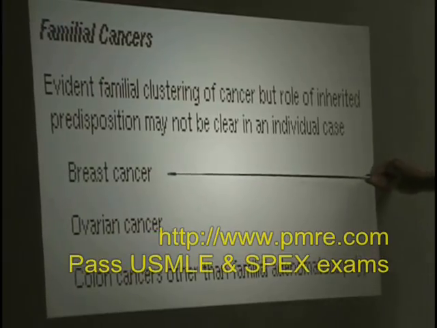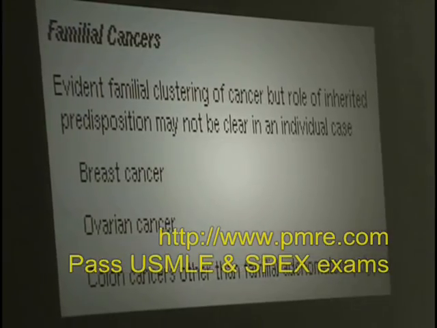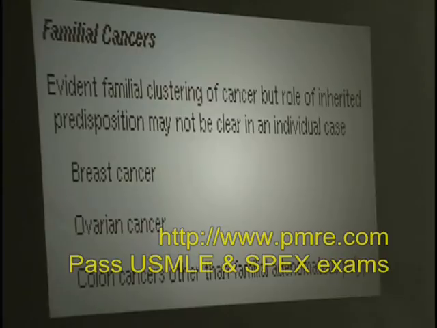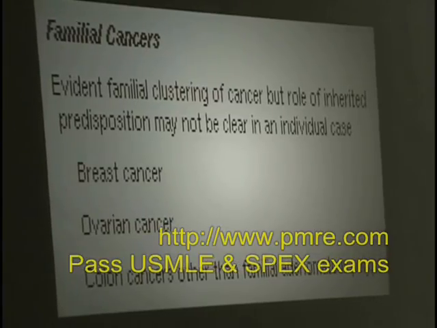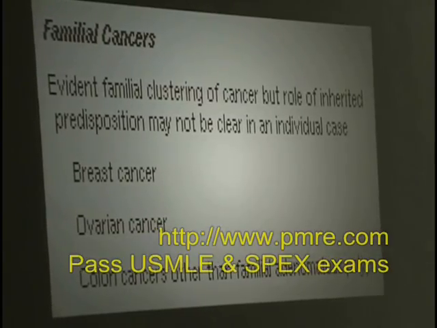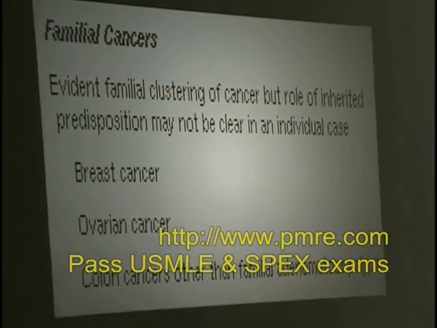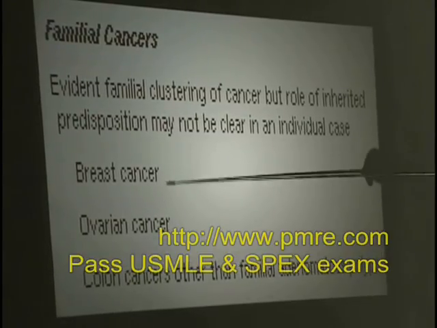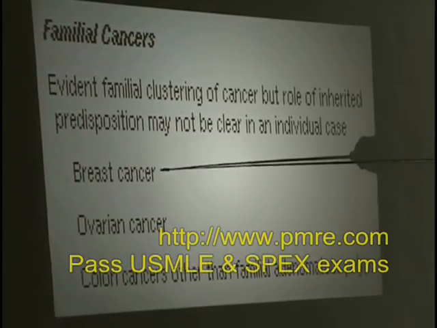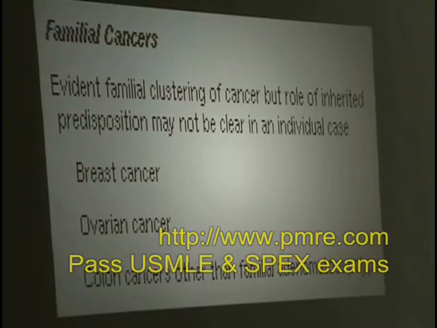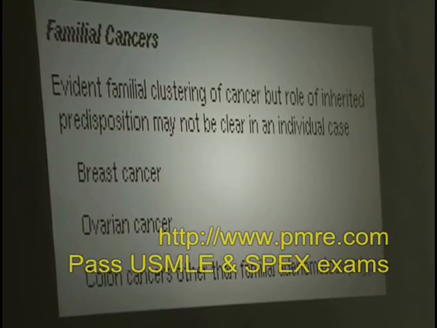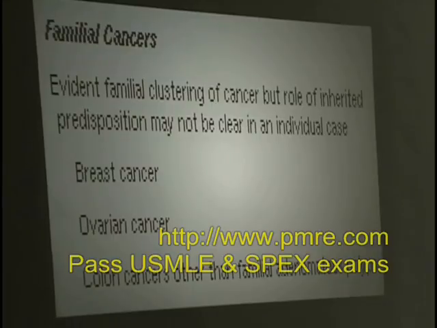And they include some of the breast cancer, ovarian cancer, and colon cancers other than the familial adenomatous polyps. And a number of groups have been studying these intensively. And as you may be aware, and one of the questions that was asked on that quiz was related to the familial Li-Fraumeni syndrome in which the p53 gene is altered.